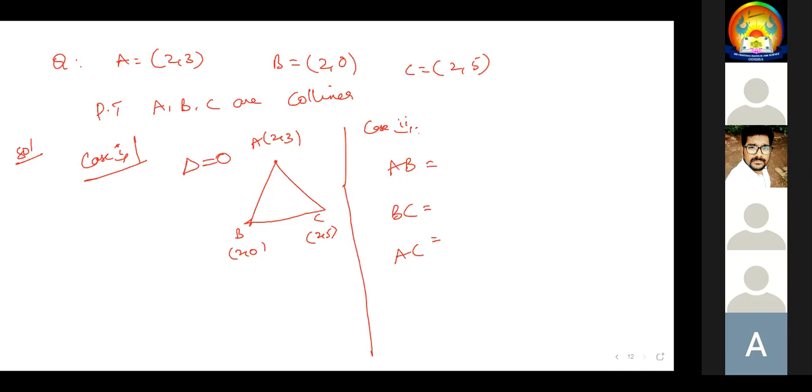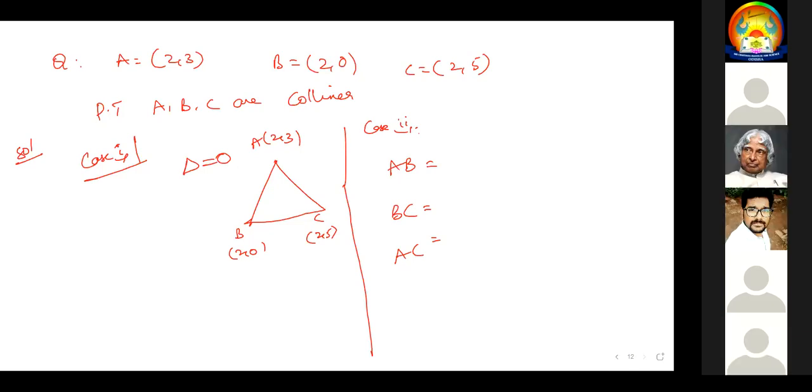You people should get answer 0 now, right? In the triangle ABC, you have to get answer 0. Yes, sir. In case 1, it will be 0.